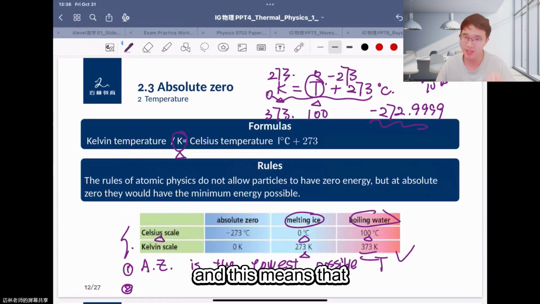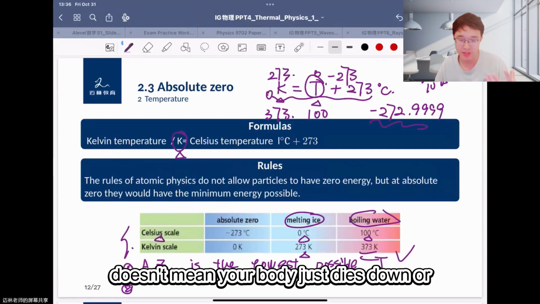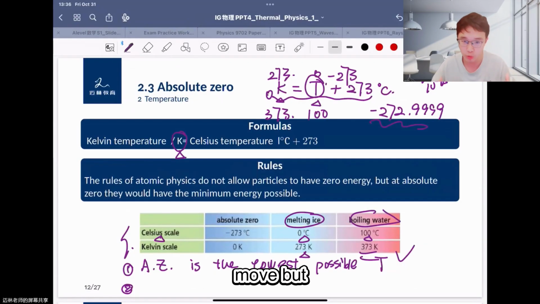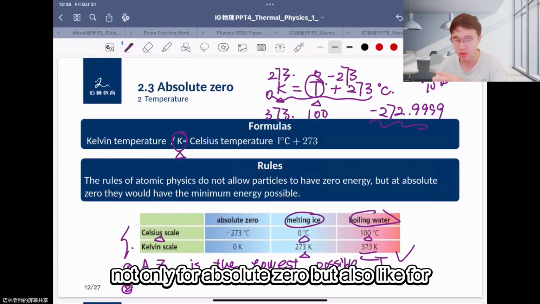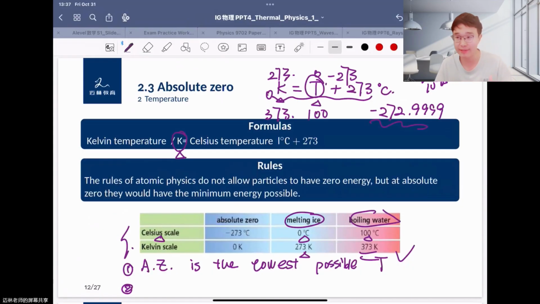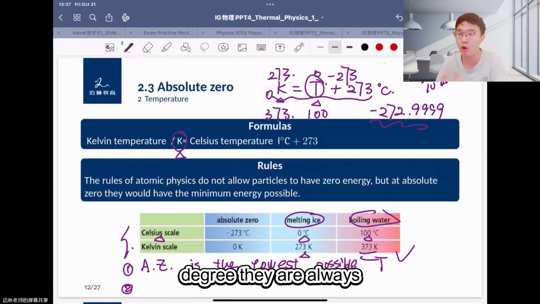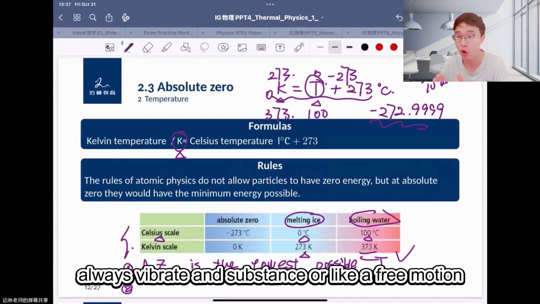Okay, and this means that absolute zero doesn't mean your body just dies down or your molecules or atoms don't move, but they have a very little vibration. So not only for absolute zero, but also for negative 100 degrees, negative 200 degrees, or negative 250 degrees, they always vibrate in the substance. Please remember this: always vibrate in substance, or free motion.